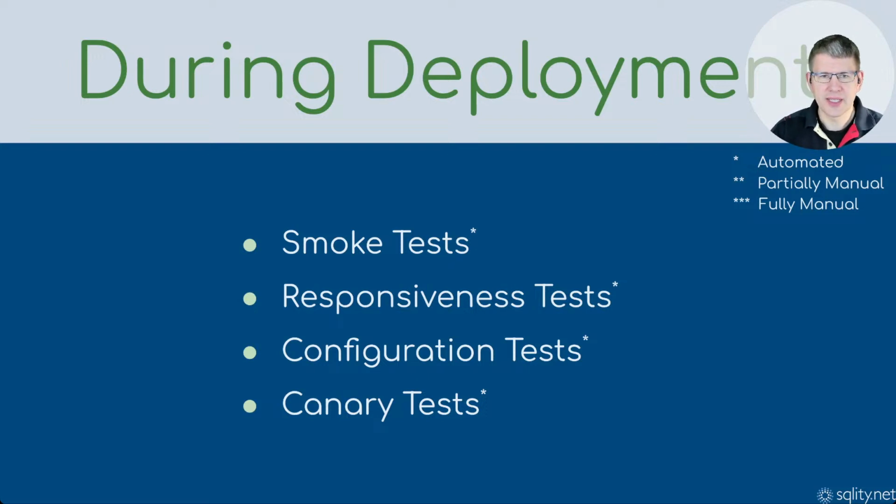Another thing you want to look out for is what I call a responsiveness test. Do those main features still work as fast as they worked before? Or is there a performance issue with one of those tests that you include in the smoke tests?